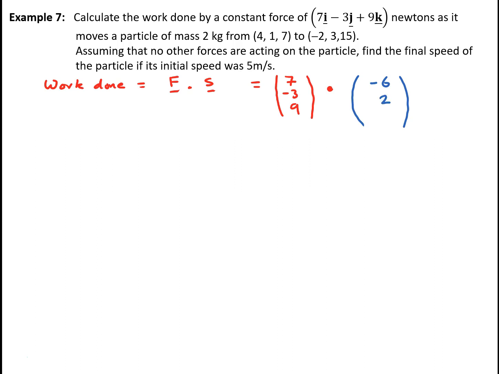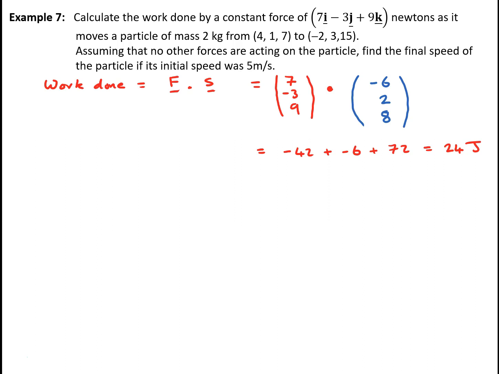And in the z direction, we start off at 7, we've moved to 15, that's a movement of 8. So evaluating the scalar product, we've got 7 times -6 plus -3 times 2 plus 9 times 8. So that is -42 plus -6 plus 72, which gives us 24 joules.